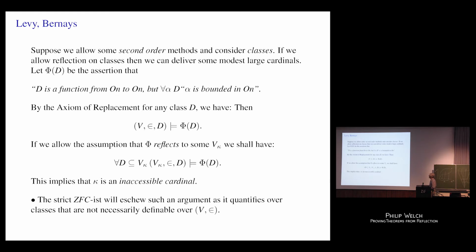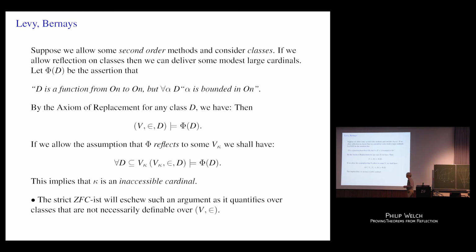So let phi of D be the assertion that if D is a function from ordinals to ordinals, then for any ordinal alpha, the range of D on alpha is bounded in ON. This is a formulation of the axiom of replacement, and it is true in V.